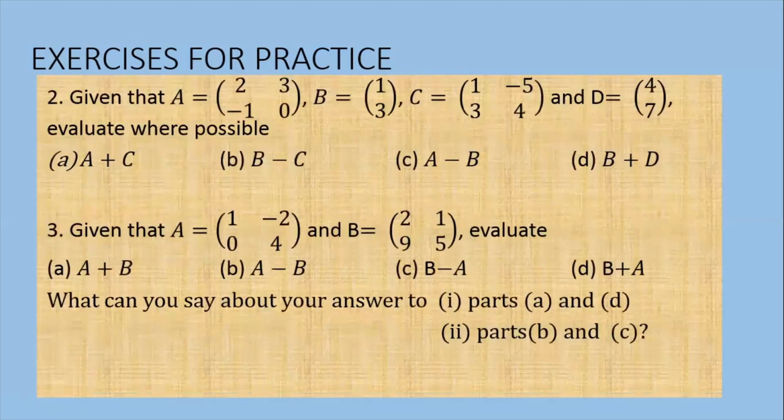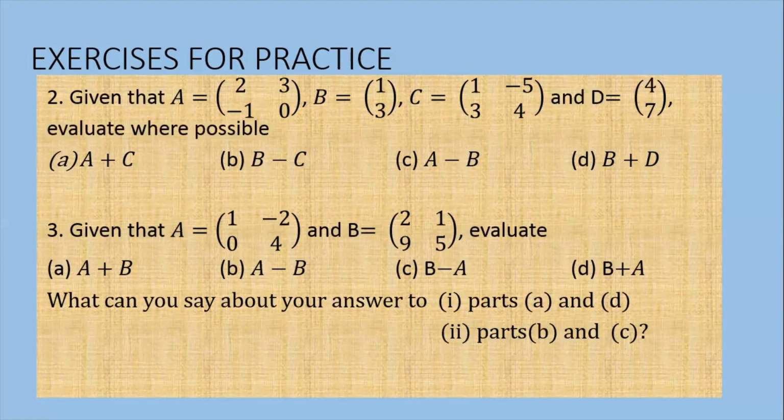Question 2, given that matrix A is 2, 3, minus 1, 0, matrix B is 1, 3, matrix C is 1, minus 5, 3, 4, and matrix D is 4, 7. Evaluate where possible. A plus B, B minus C, A minus B, B plus D.